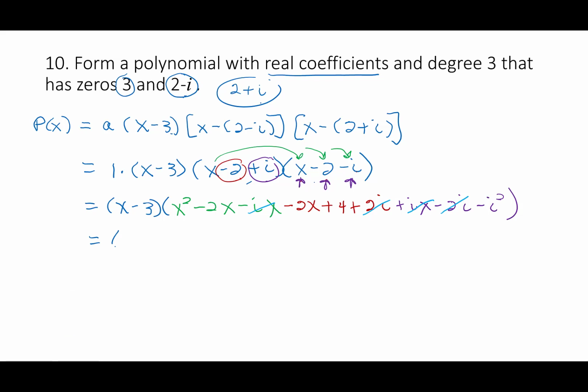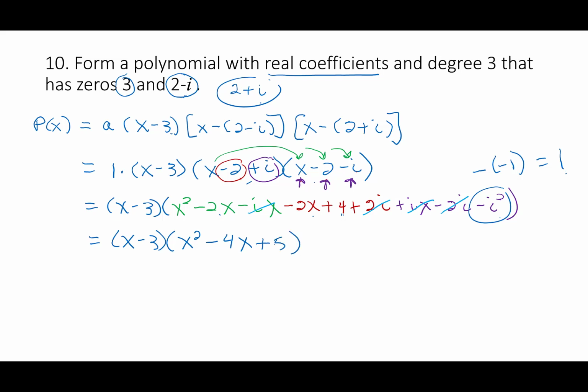We have x minus 3 times x squared minus 2x minus 2x gives me minus 4x, and then plus 4. Remember, minus i squared, this is the same as minus -1. i squared is equal to -1, and so would equal positive 1. Minus i squared is equal to positive 1. We have 4 plus 1. That gives me plus 5.